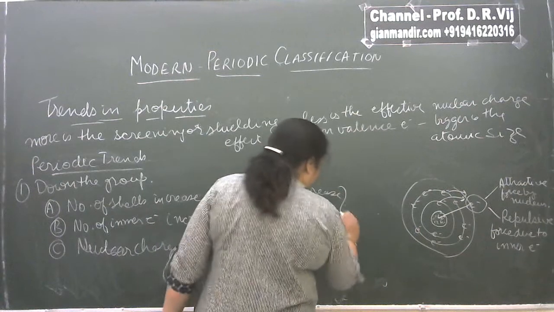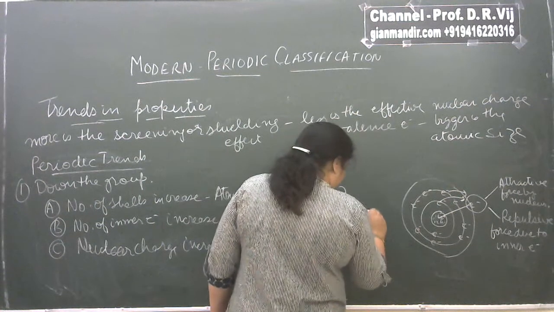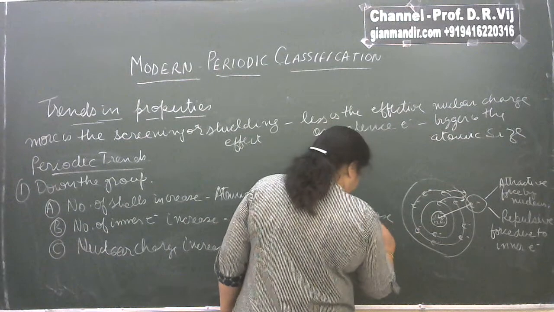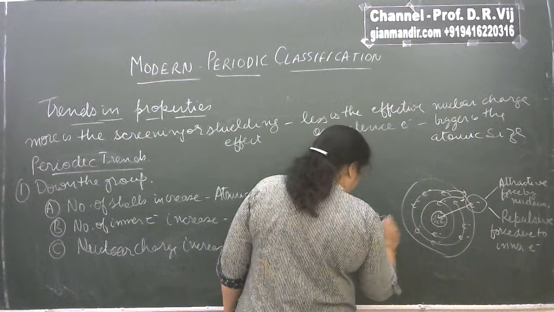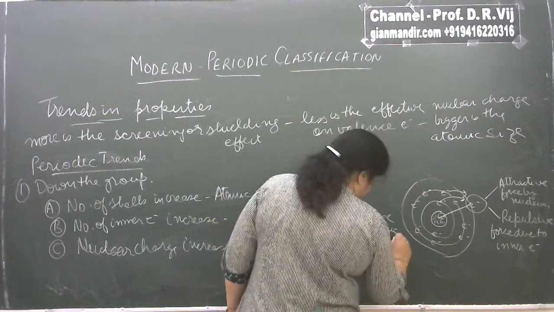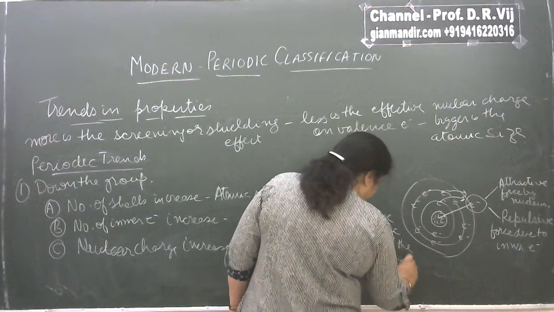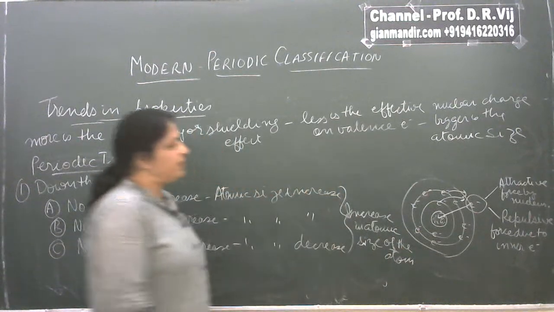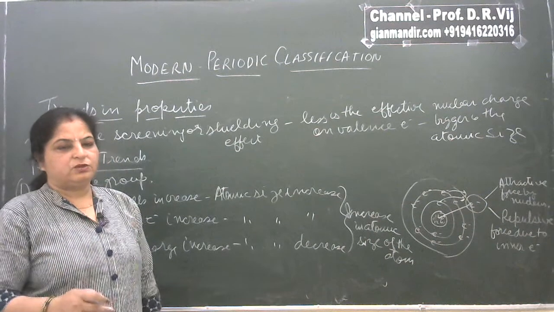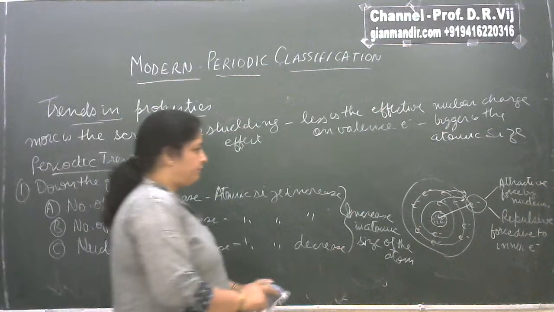And what we observe here is that there is an increase in atomic size of the atom. So that's why we say that when we proceed down the group, from top to bottom, the atomic sizes are continuously increasing, right?